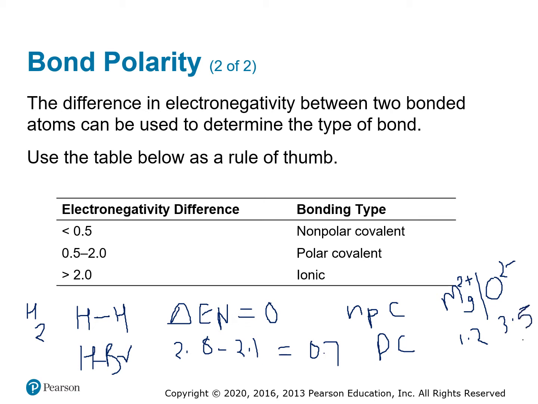So 3.5 minus 1.2 equals 2.3, and that is definitely greater than 2, so we know that it's ionic. But if you know these ions, then you already know it's an ionic bond. I just wanted to demonstrate how you can predict if the bonding is non-polar, polar, or ionic when you know their electronegativity values.